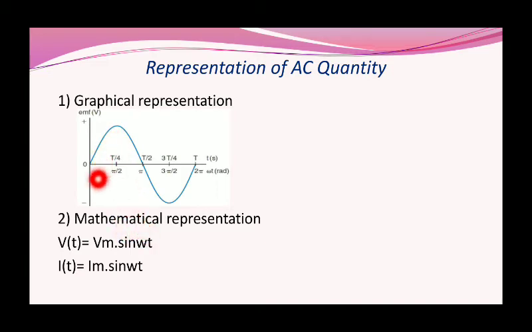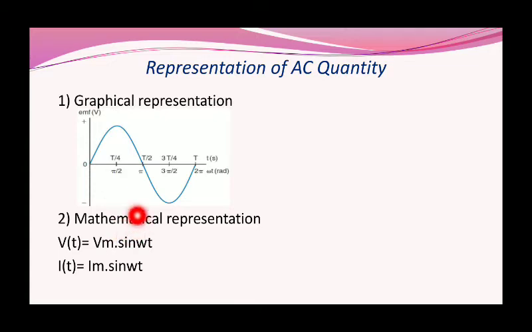What is omega? Omega is equal to 2 pi f, and t is the time instant. For example, I have taken here time instant 0. So if you multiply 0 with 2 pi, then it will become 0. Then sine of 0 will become 0. Then 10 into 0 will become 0, means voltage at this instant will be 0.